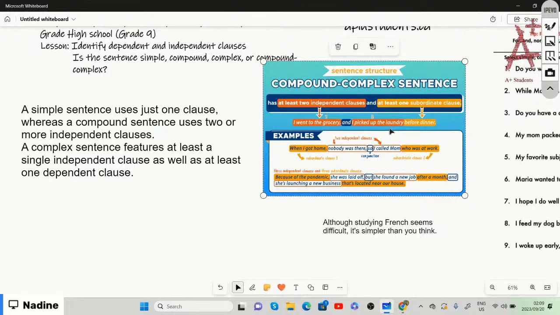If we look at that example: I went to the groceries and I picked up the laundry. That is basically a compound sentence. And the subordinating clause is before dinner, which means that I went to the groceries and picked up the laundry before dinner. So it has a subordinating clause, at least one.